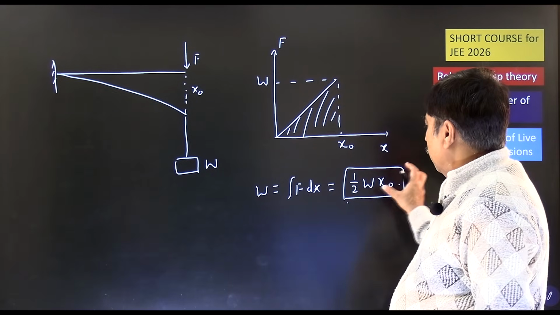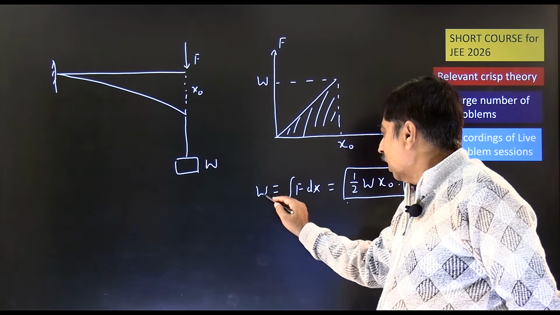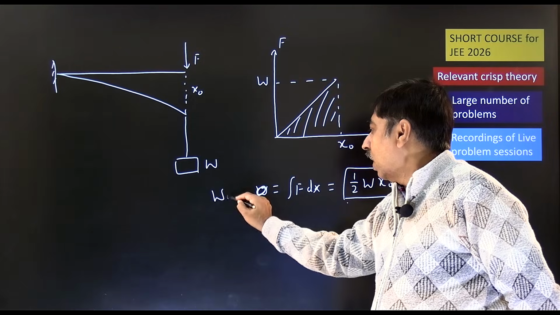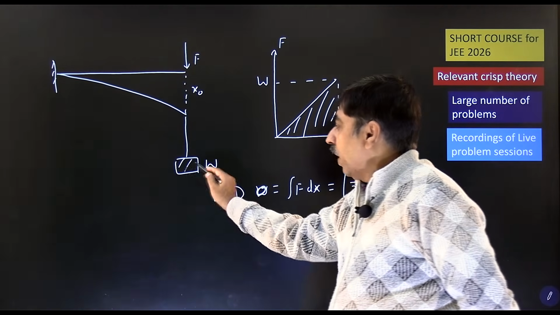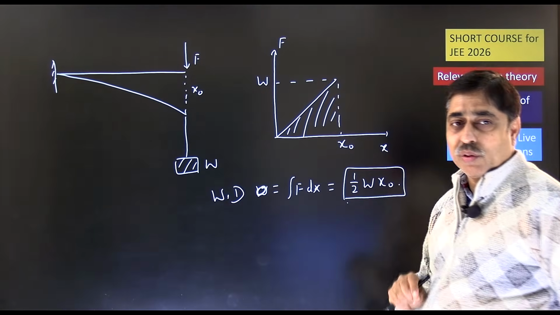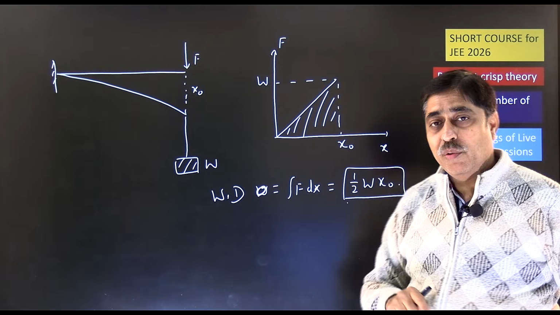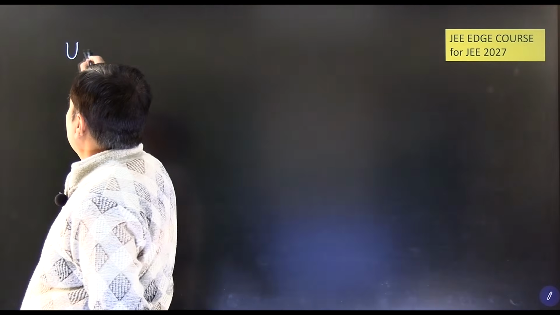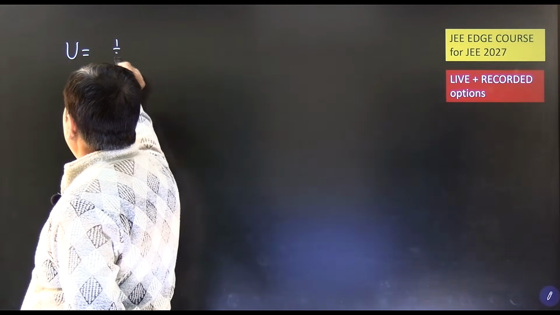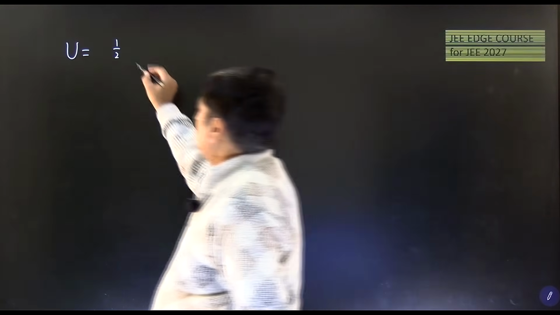Please don't get confused, I will write it as work done. W is actually the value of this weight, so don't get confused with the symbols. Work done by this force is half W x naught. Now, this work done is stored as elastic potential energy. So, elastic potential energy is half W x naught.